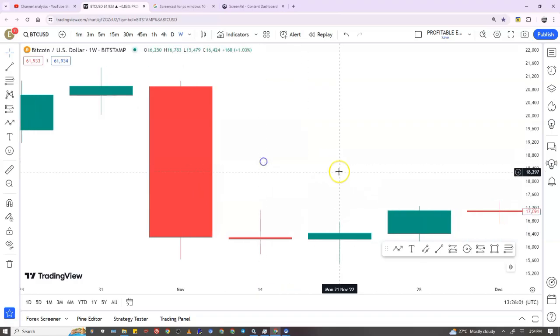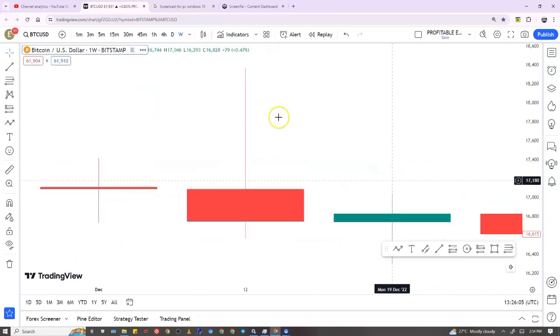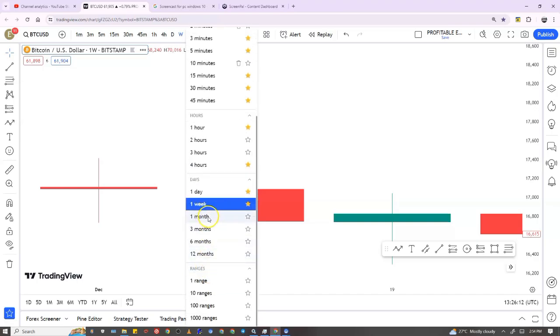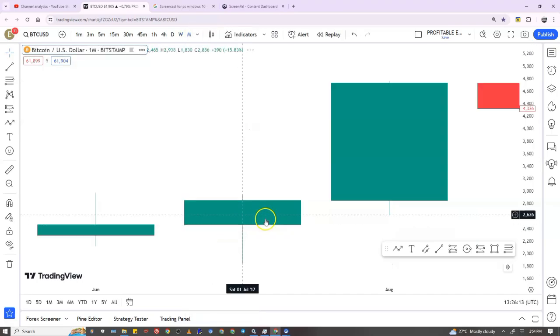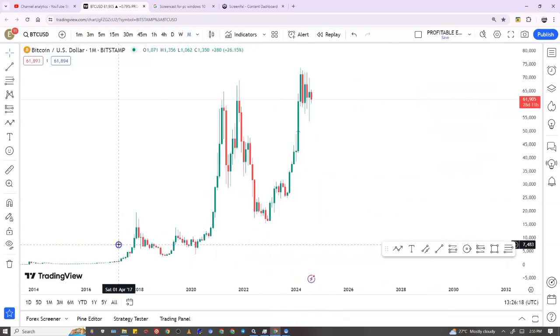Like I said, the green candle represents a bullish candle, so the buyers are in control, and the red candle represents the sellers in the market. Let me explain something to you better so you can understand. If we go further to a monthly candle, if you click 1 month, you see each candle represents a month.